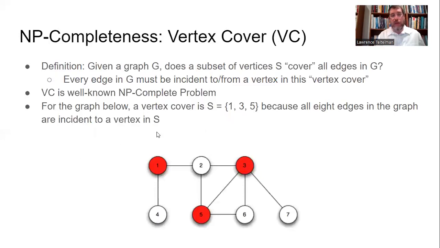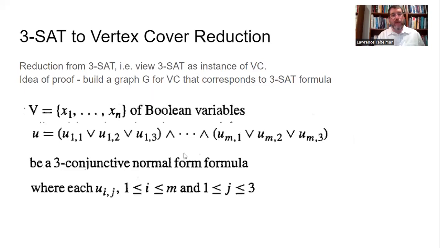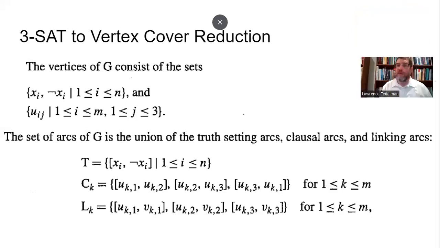So for each clause, I'm going to add 3 more edges, corresponding to the relationships between the pairs of variables in it. All right, now what do we call these? The links. Yeah, the links. Okay.